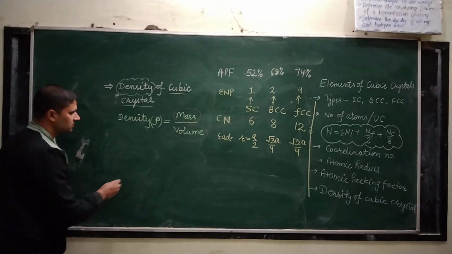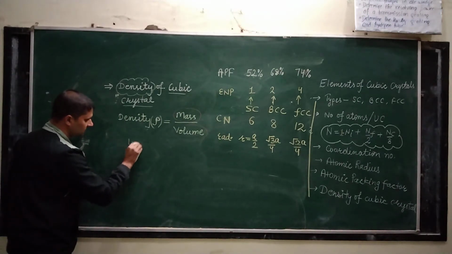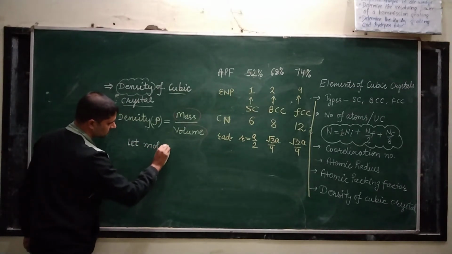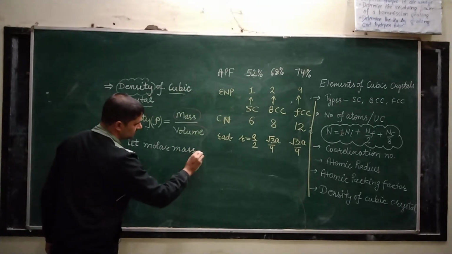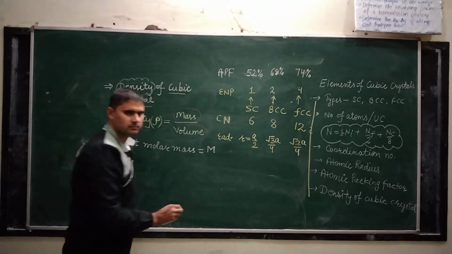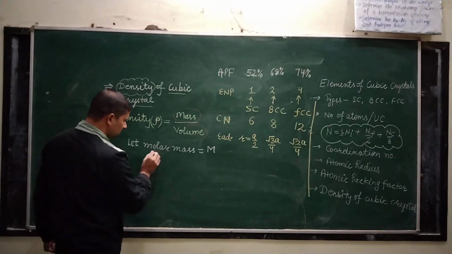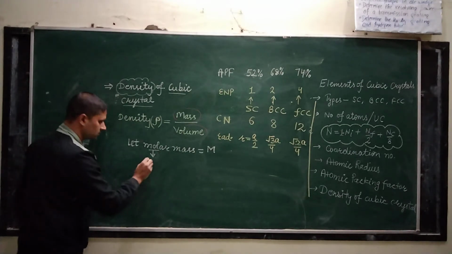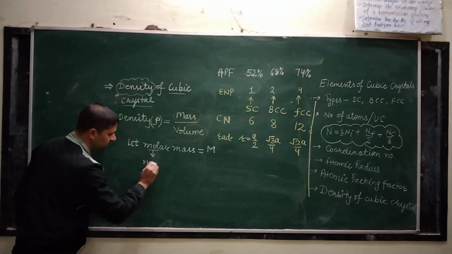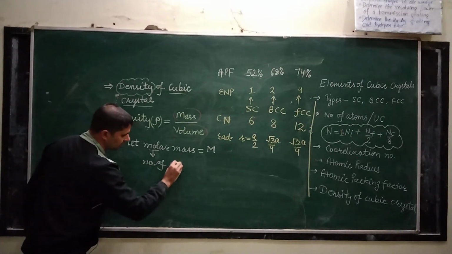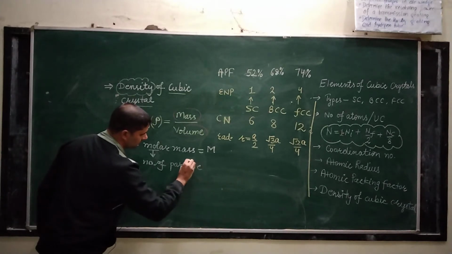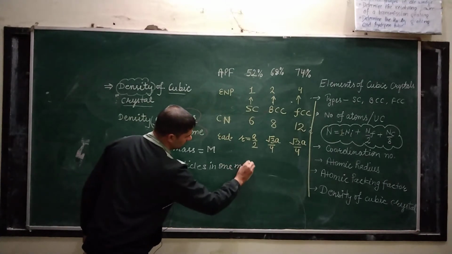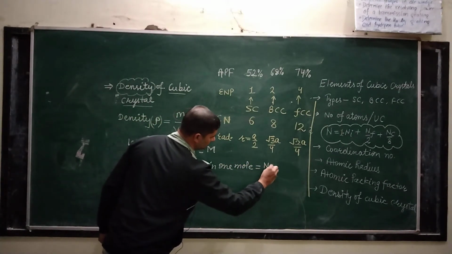So class, let the molar mass be capital M. Okay, and molar mass, what is mole? This is the mass of the particles, which is equal to Avogadro number of particles. Number of particles in 1 mole is equal to Avogadro number, Na.